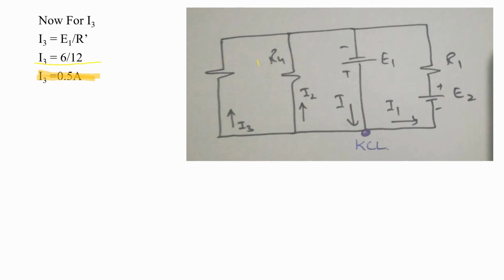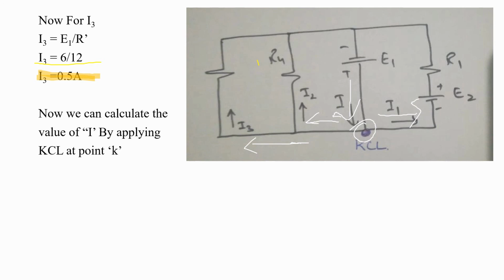Now applying KCL at this point, you will see that the current entering the node is I, and the current leaving the node is I1, I2 and I3. KCL says that the sum of all the currents entering the node is always equal to the sum of all the currents leaving the node. So when we apply KCL to this point, which we call point K, we get the equation I is equal to I1 plus I2 plus I3.